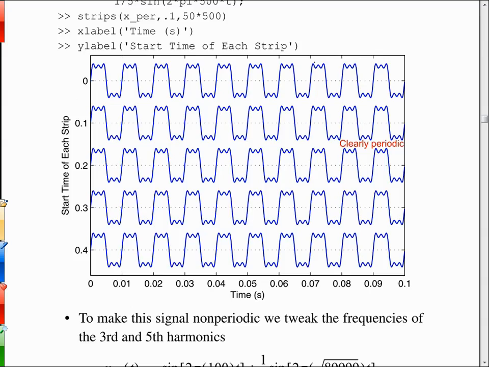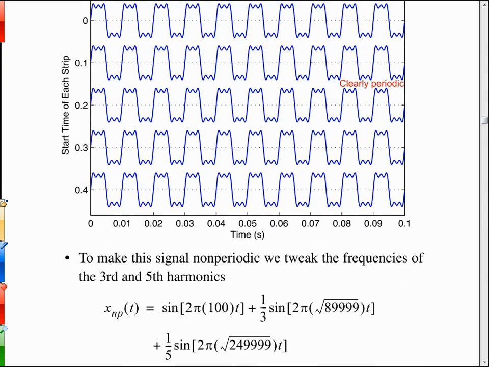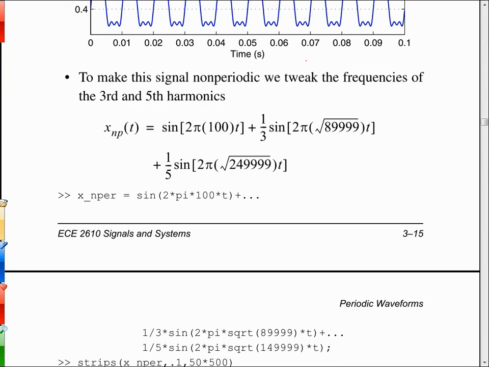So if I put that up in MATLAB using the strips function, I can see that, yes, it's periodic by eyeballing it. It doesn't look like an ideal square wave. It has squiggles in it, but it still is approximating that just using the first, third, and the fifth harmonic. But then I went ahead and tweaked the frequencies of the third and the fifth harmonics slightly.